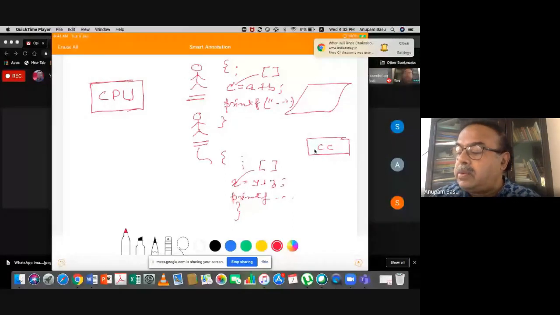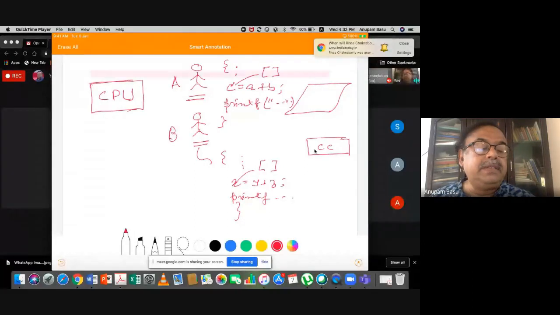Now you see that there is only one CPU, and these two people, A and B, are sitting on two terminals, and they are executing their programs simultaneously. Now, when I say simultaneously, I'd like to have some interaction from you.